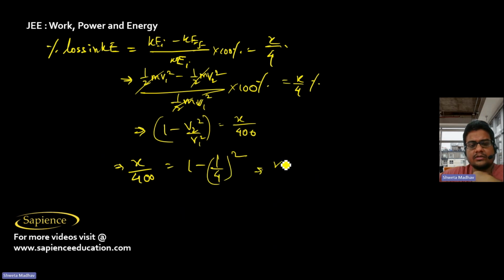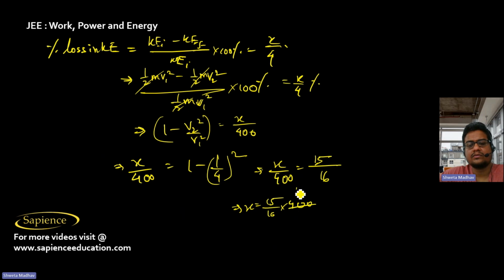So now x by 400 is equal to (16 minus 1) by 16, that is 15 by 16. So x will be equal to 15 by 16 into 400. 4 into 25 is 100, so x will be equal to 15 into 25, which is 375.